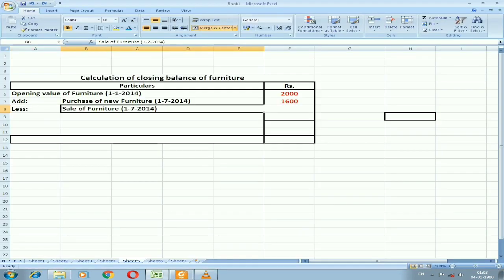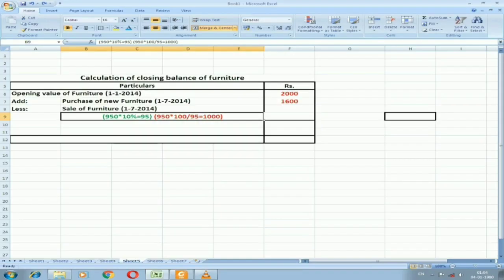And one more thing, we can't take the value of 950 for that furniture, because it is the value at the date of 1/7/2014. We require the value on the date of 1/1/2014. So that value we are supposed to take. During this period the depreciation may also be included in that. So we need to exclude the depreciation and take the whole amount. That is the reason I have calculated separately. 950 is the value on the day of 1/7/2014. Then I have multiplied by the depreciation rate of 10%.